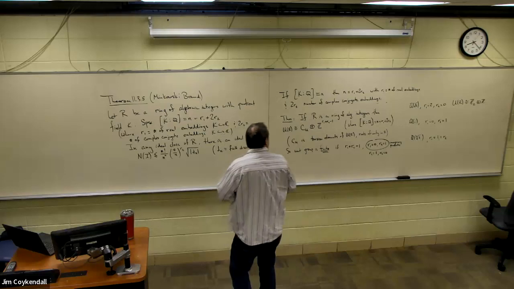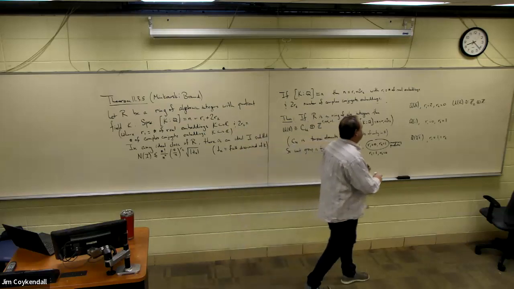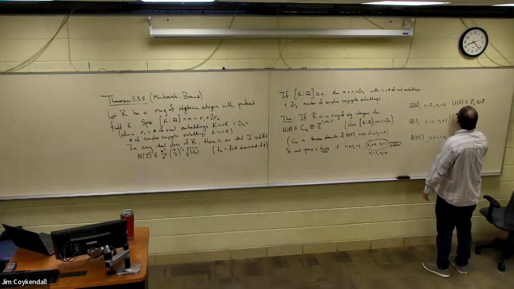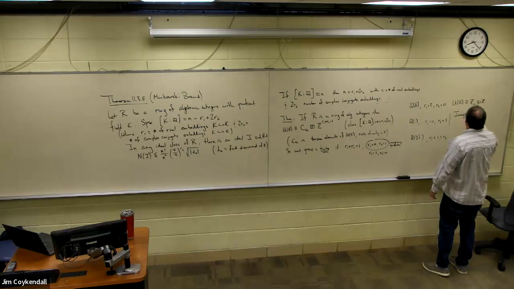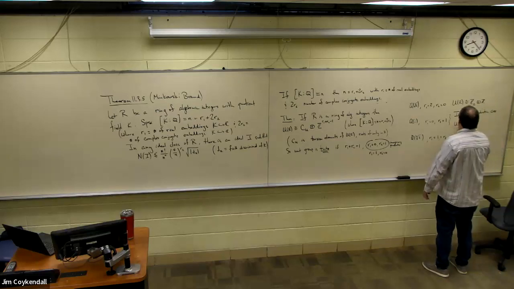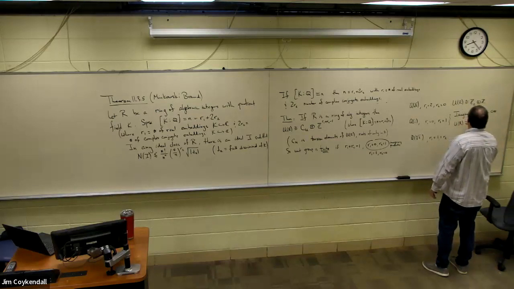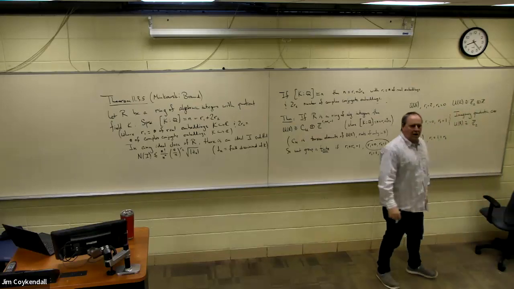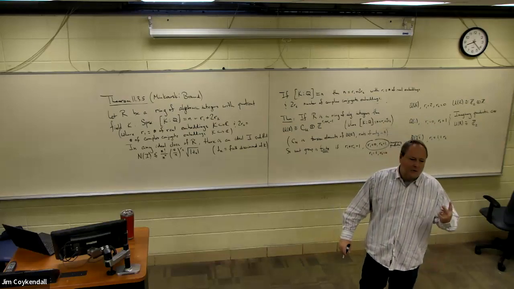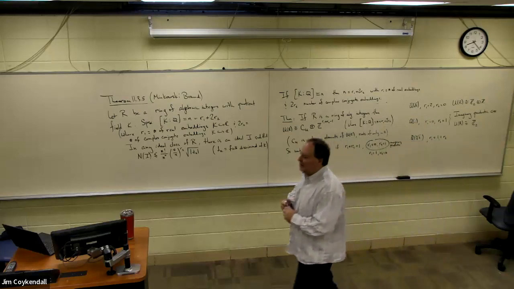So for the imaginary quadratic case, the units of R are isomorphic to Z2. Two exceptions. Anybody know what they are?